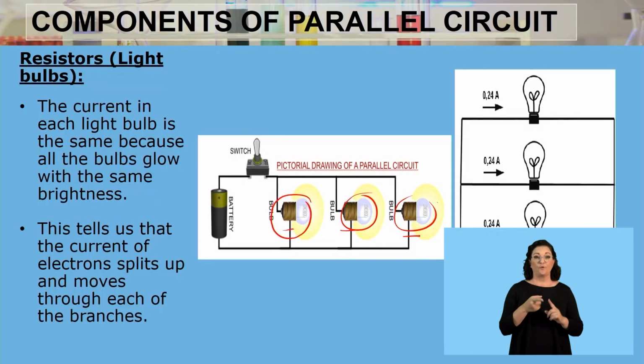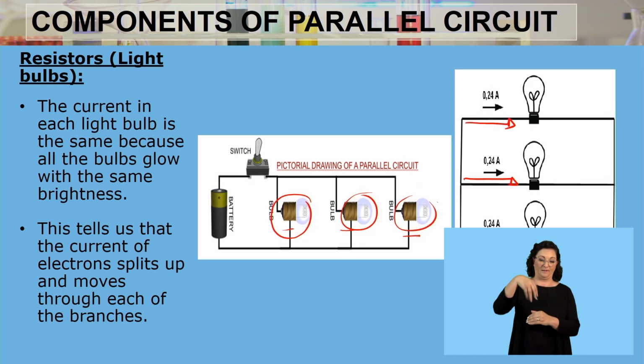Now, looking at the current coming from the cell, the cell is going to supply the circuit with a current of 0.27 amperes. This current is going to divide into 3 equal parts. Some will go through the first light bulb, some through the second, and some through the third light bulb.